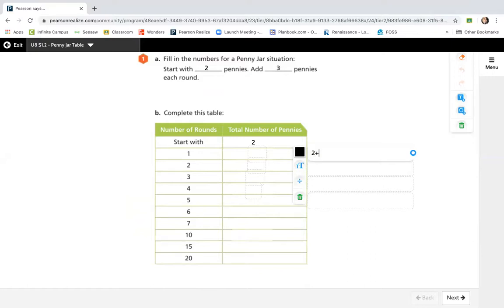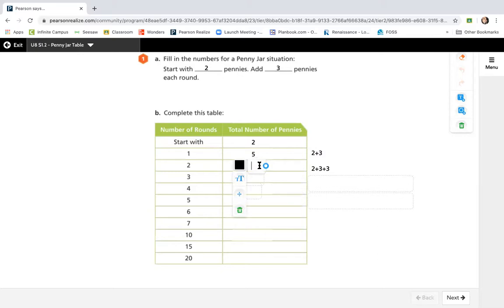Now over to the side here, I'm just going to keep track to make sure that I'm not making any mistakes. So this is my starting 2, my first round of 3 pennies. That equals 5 pennies in the jar after the first round. The next round, there's my 2 pennies to start, plus the 3 pennies for round 1, plus the 3 pennies for round 2.